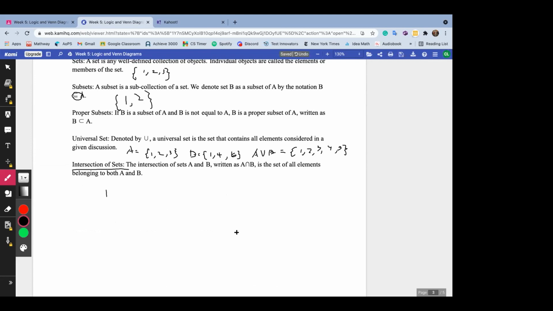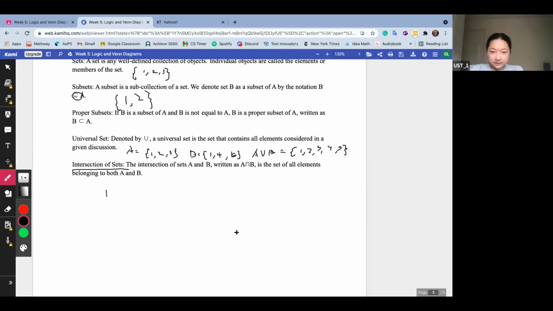Because each set probably has not one number. Wait, so for this example, I used the previous example here as the sets A and B. Okay.